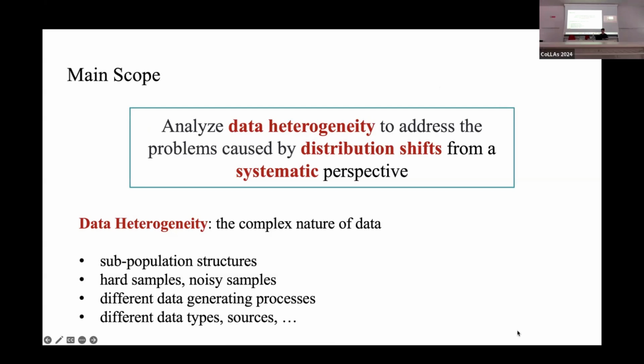For example, in our first tool, we provide the predictive heterogeneity, which captures the heterogeneity that affects model prediction.